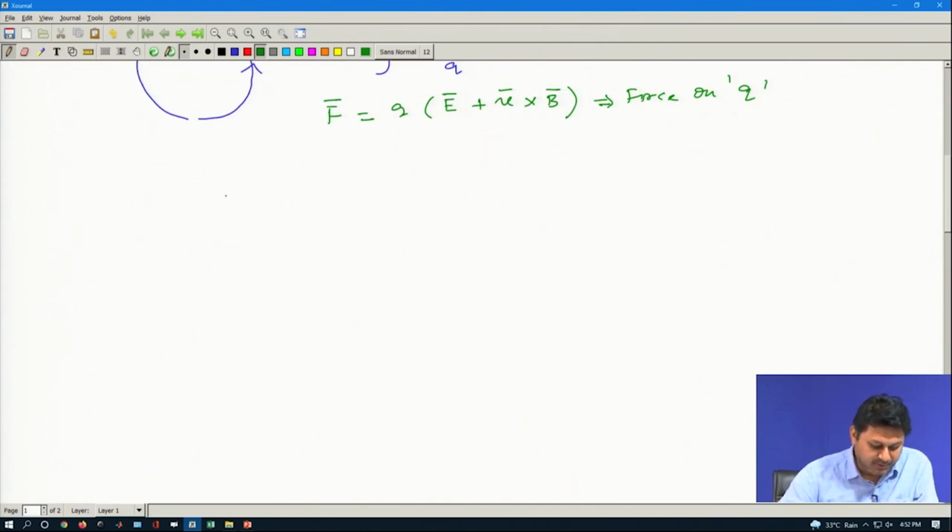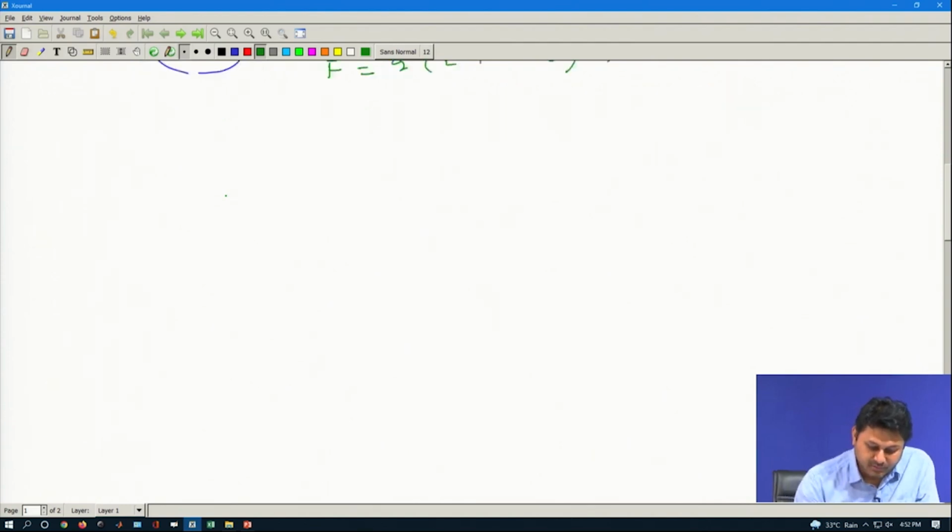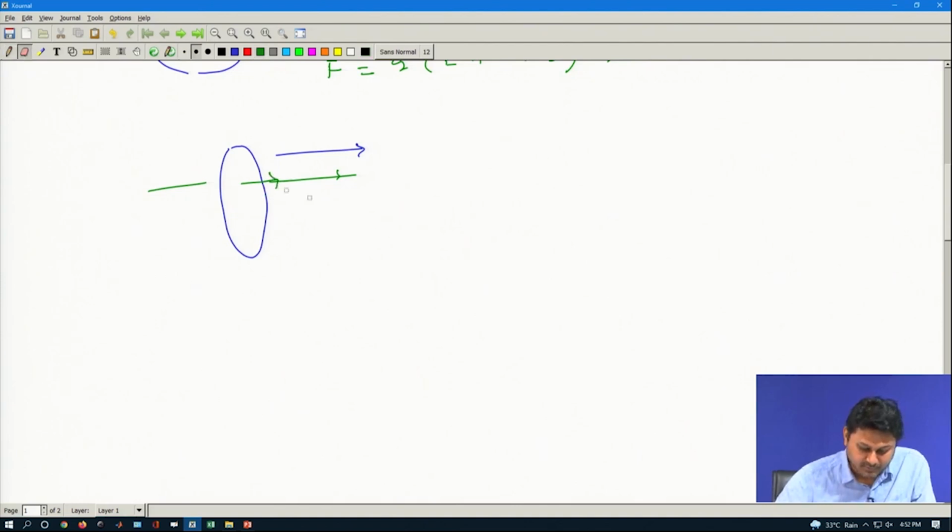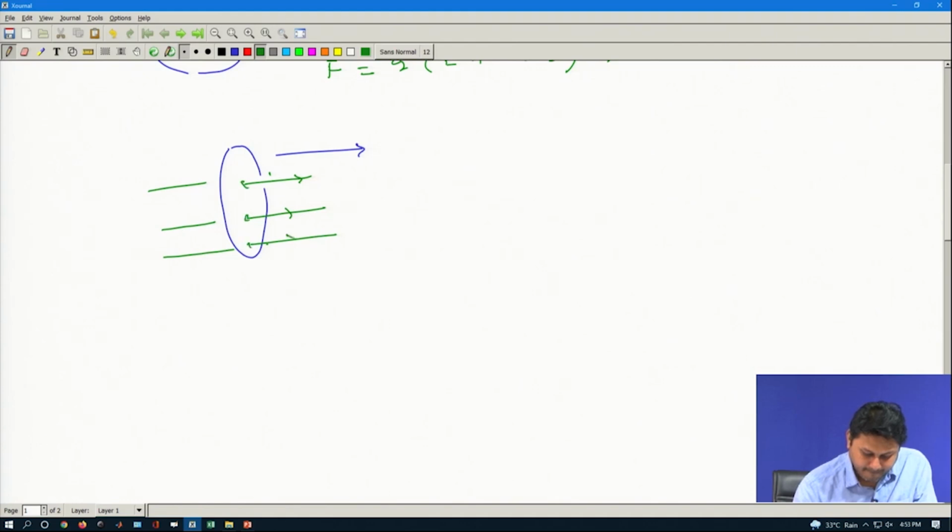Now, if I want to find out what should be the motional EMF for a circuit which is moving, suppose I have a circuit moving in an external field.